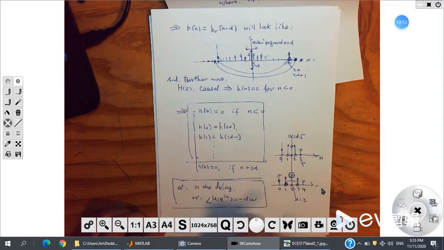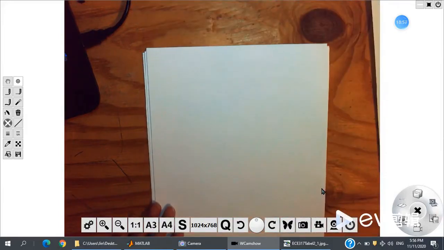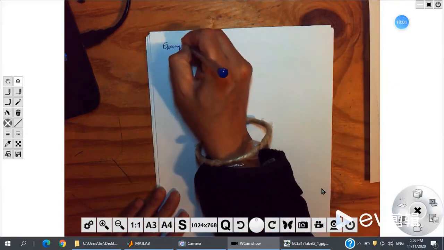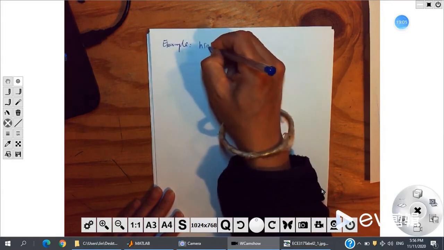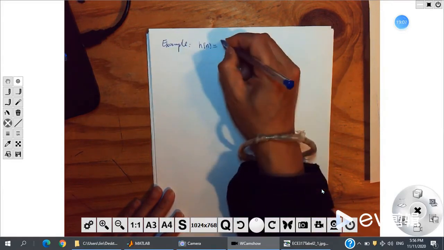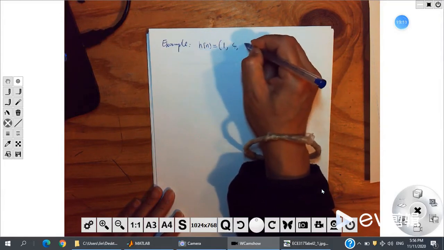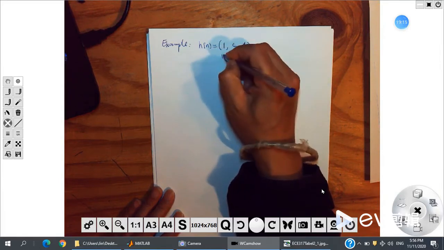Okay. Now let me study an example. Suppose h of n is 1 for 1, just 1 for 1, like this. Here's n equal to 0.